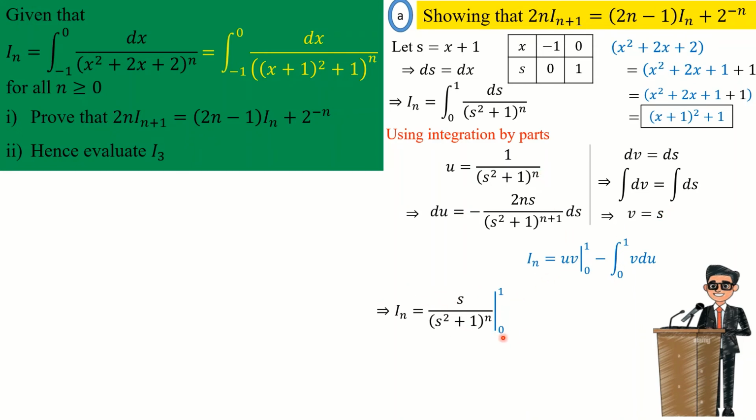Now my bounds are 0 and 1. Next we get minus the integral from 0 to 1 of v du. But now du, which is this, has a negative, so it annuls with this to become a positive. Now our s is going to multiply with s here to give us s squared, and then we can keep this 2n outside because it's a constant.